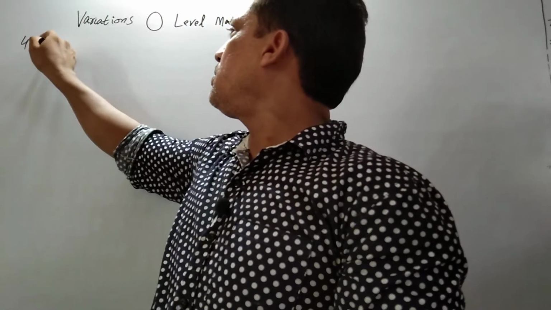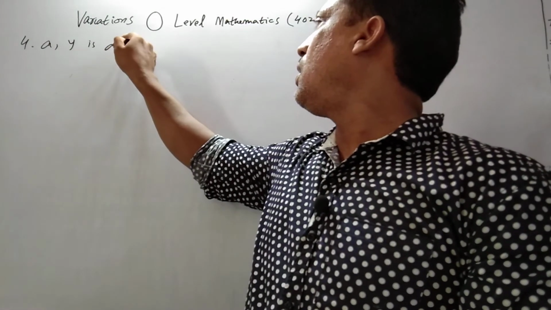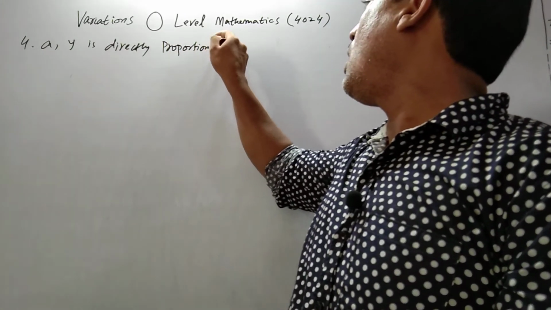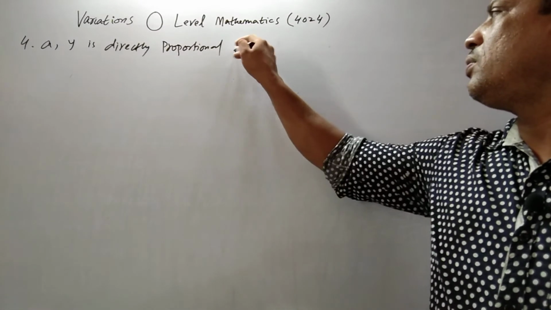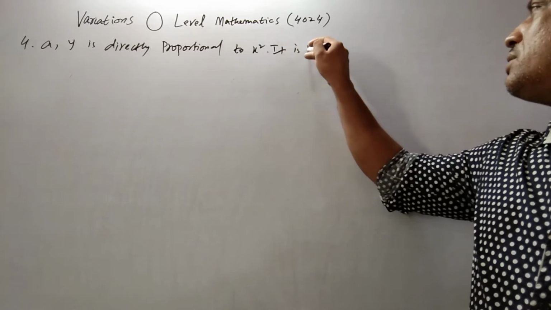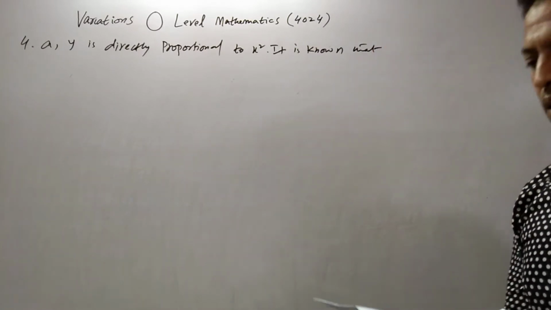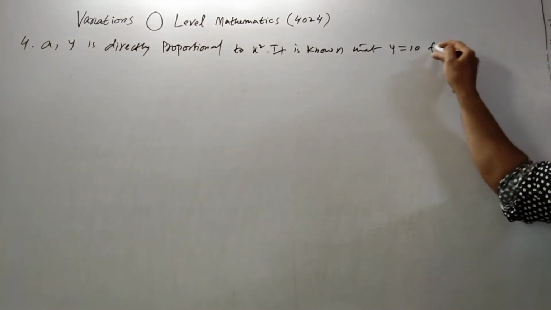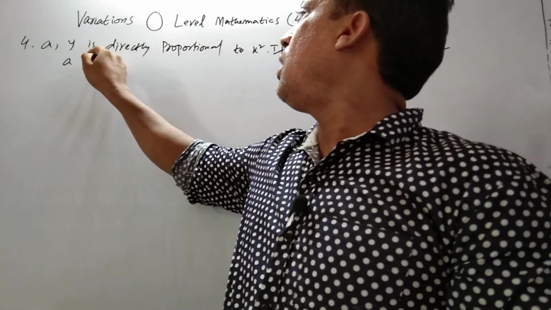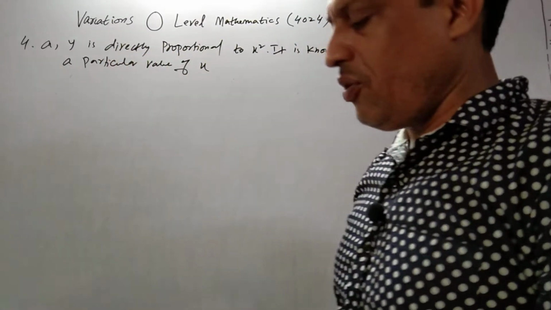Question number 4 is part A. Y is directly proportional to x square. It is known that y is 10 for a particular value of x.